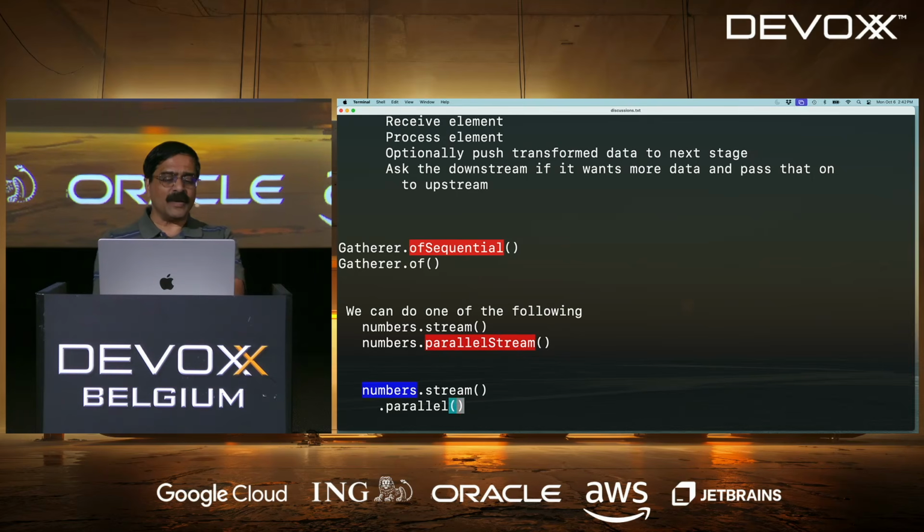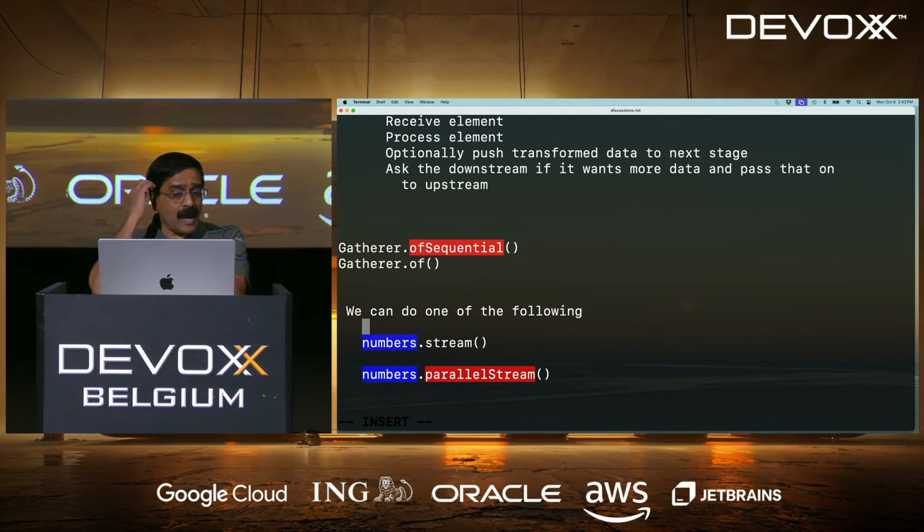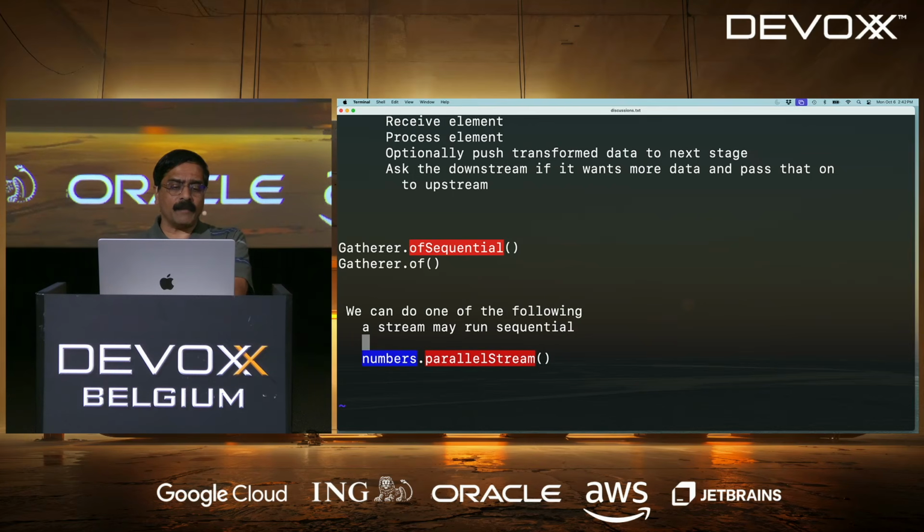I'm not going to talk about that option because that's equivalent to running a parallel stream. But the point is the following: a stream may run sequential, or a stream may run parallel.